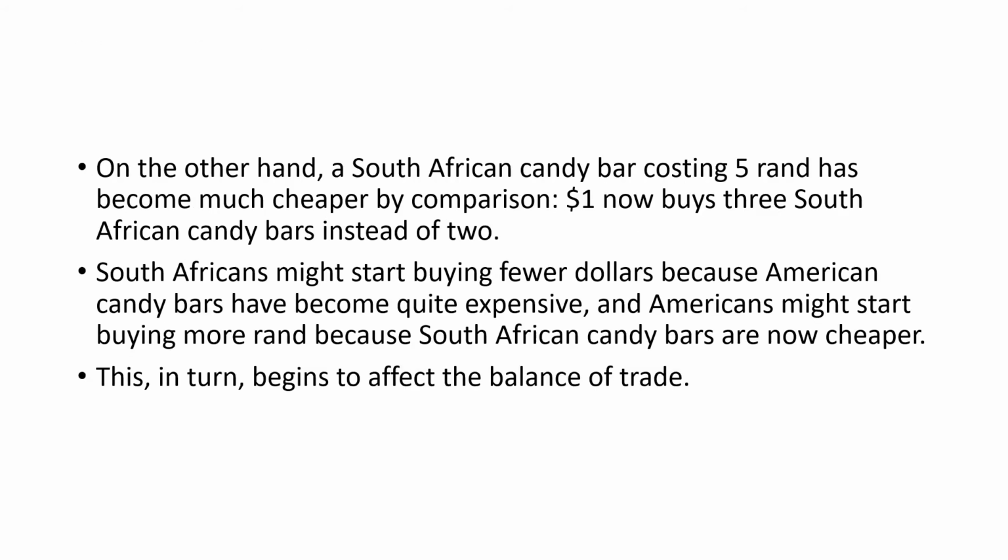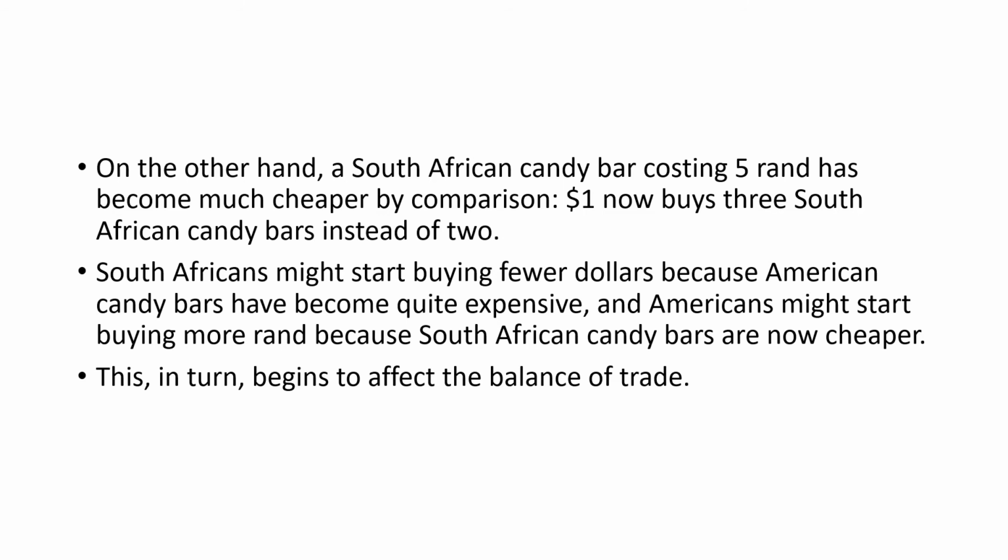On the other hand, you can see the South African candy bar costing 5 rand has become much cheaper by comparison. $1 now buys 3 South African candy bars instead of 2. Earlier it was just 2, but now they could buy 3 bars.